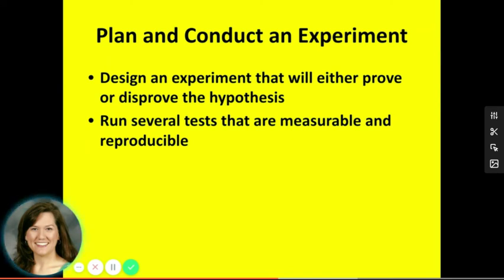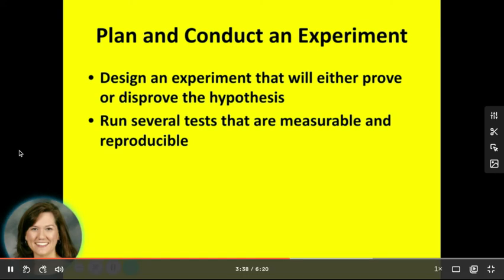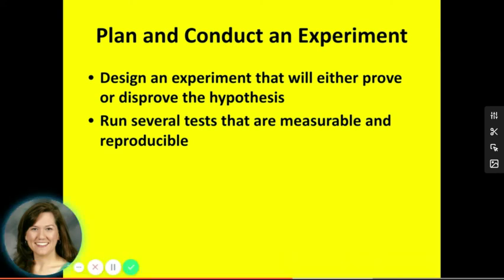And you would run several tests just to make sure that what happens is because of what you're changing. These tests need to be measurable. In other words, you need to be able to collect data, either find the growth of something or count how many if something develops, time something that's measurable. And it needs to be reproducible. You need to be able to do the experiment several times the same way.